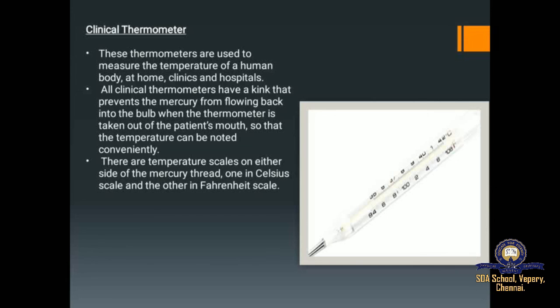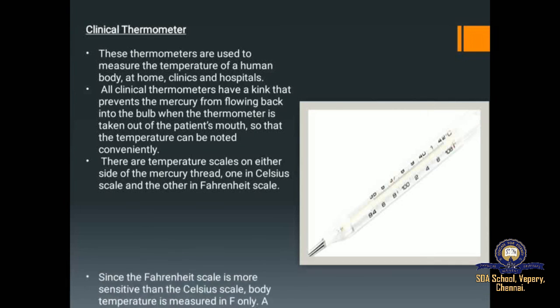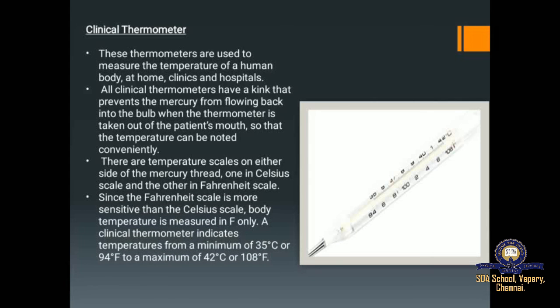Clinical thermometer has both the scales. On one side it has the Celsius scale, on the other side it has the Fahrenheit scale. It indicates temperature from a minimum of 35 degrees Celsius or 94 degree Fahrenheit to a maximum of 42 degrees Celsius or 108 degree Fahrenheit.